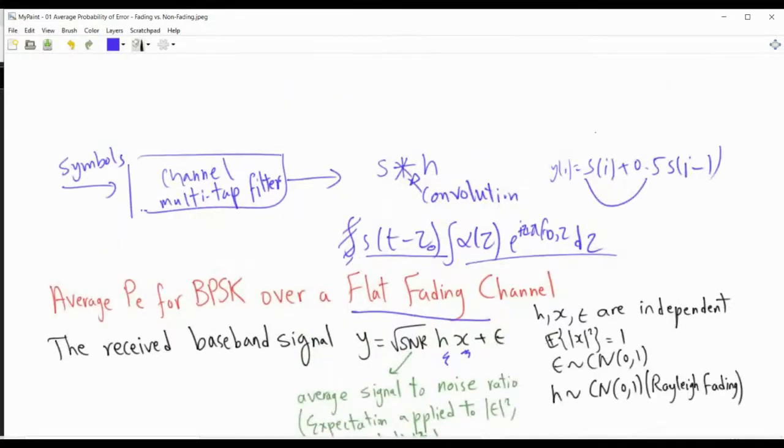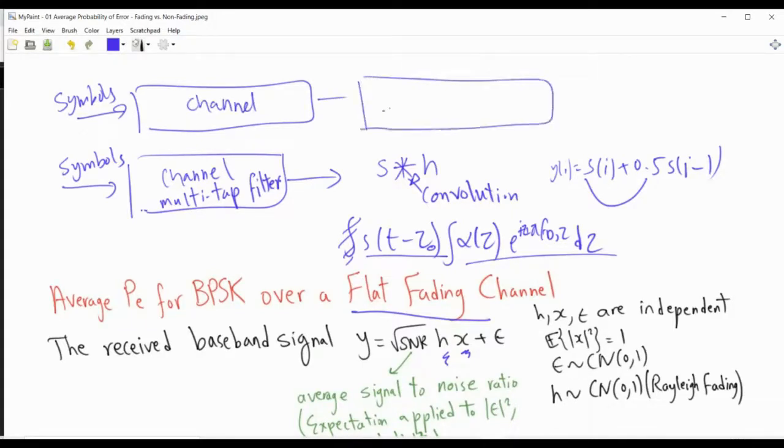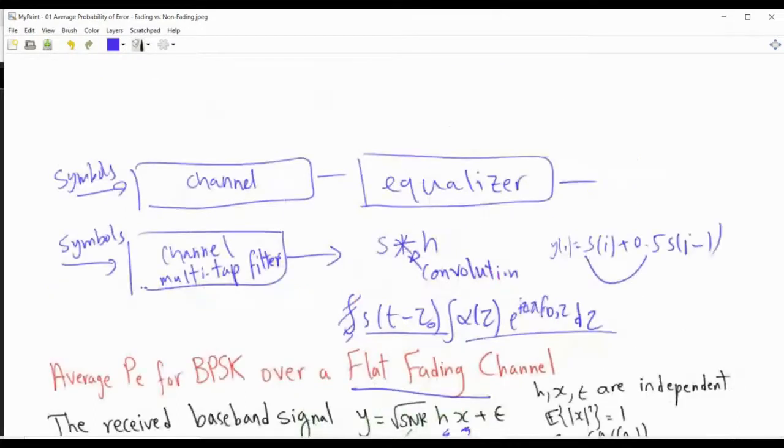So what do we do to solve this problem? How can you do detection here? The idea is that you take your symbols again, they go through the channel, and then what you do here is an equalizer. The equalizer is sort of the inverse transfer function of the channel.